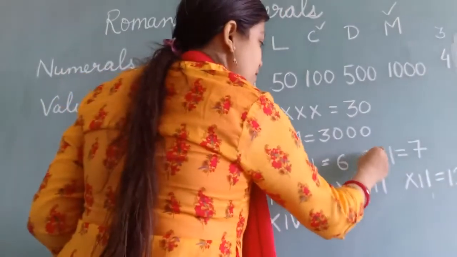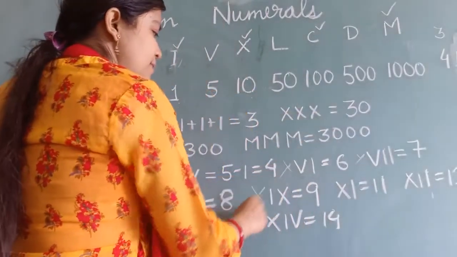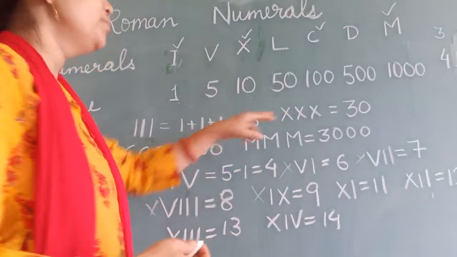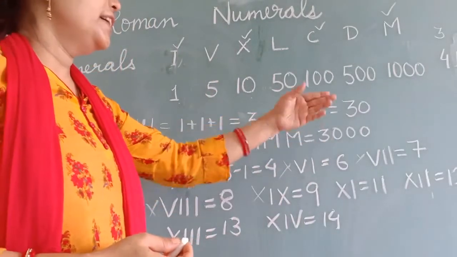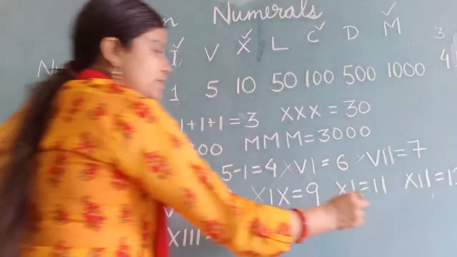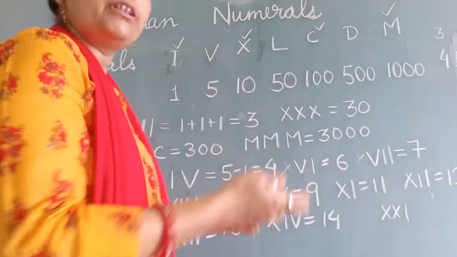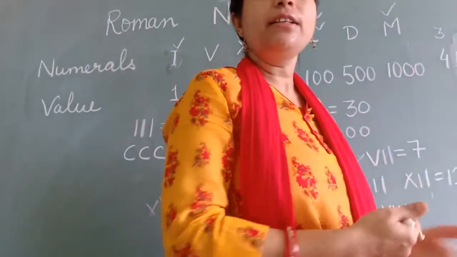Only X in front of it you will write, it will become 18, 19, and for 20 you know 2 times X you will write. Again from 21, same thing, only in front of 1 you have to write 20, that will be 21. Similarly 22, 23 like this you will write.